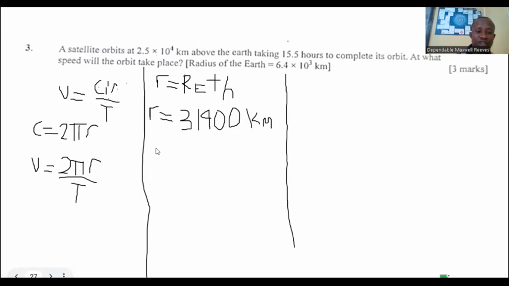So we have V to be equal to 2 pi R over T. The value of pi is 3.14, but since the value is not given to us, I take 3.142.